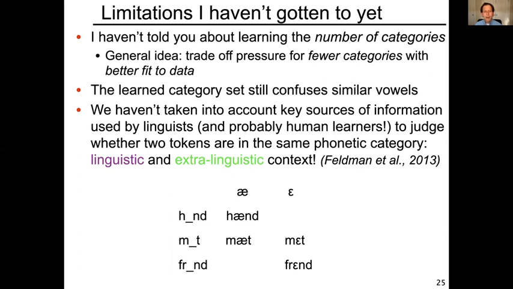Here's a context which is preceded by h and followed by nd. In English, in terms of monosyllabic words, that is instantiated by the word hand. So a can occur in that context, but e cannot. Let's take the context preceded by n and followed by t. Both of these vowels can occur in that context. And preceded by fr and followed by nd, that cannot be the case for the sound a, but it can be the case for the sound e.